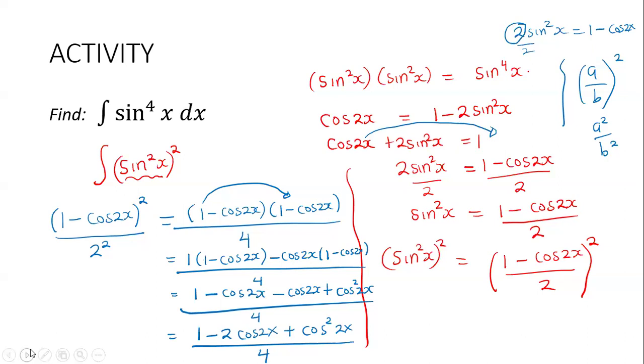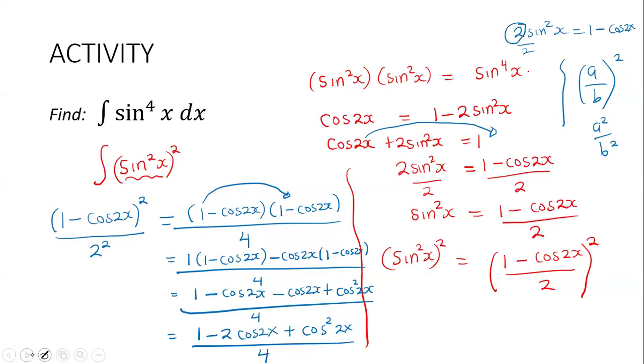Perfect. Now, members, where we have our sine power 4, we are going to replace it with that. So I'm going to write again that this sine power 4 x dx is the same as having the integral. What did we get? It was that whole thing, but I remember it was out of 4.